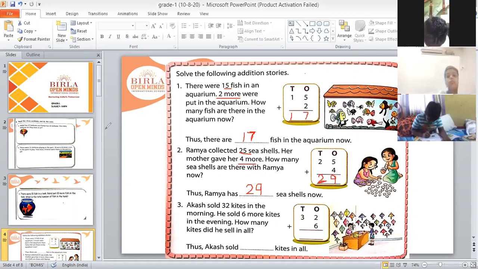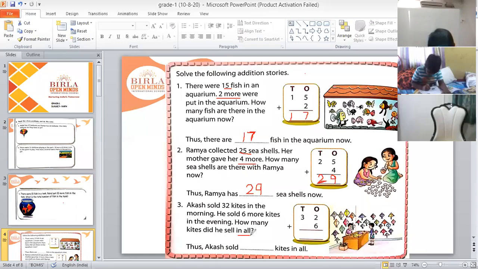Okay, fine. So now next one. Next question is, Akash sold 32 kites in the morning. He sold 6 more kites in the evening. How many kites did he sell in all? Children see, here the word 'in all' is there. So there was one boy Akash and he sold 32 kites.